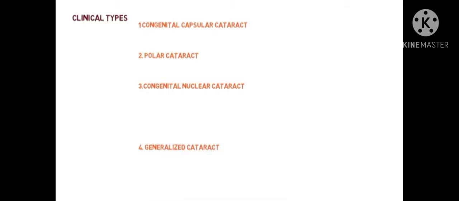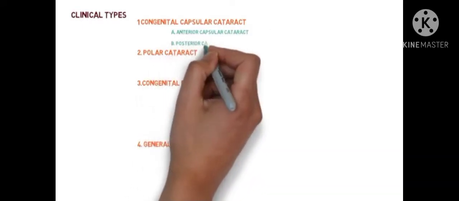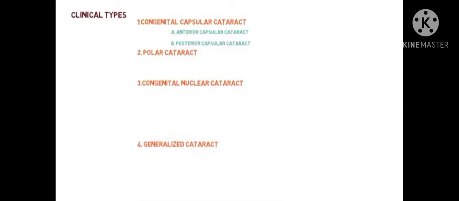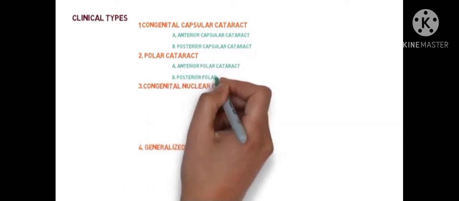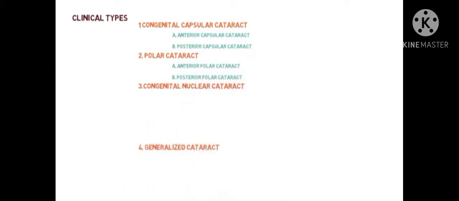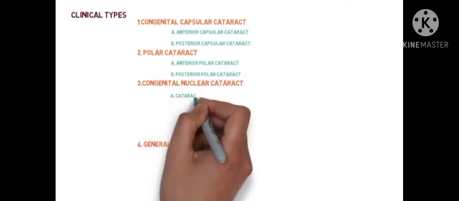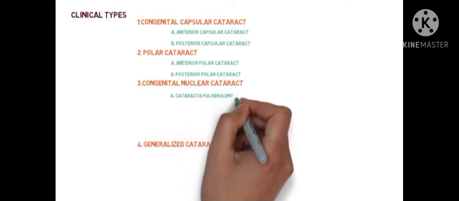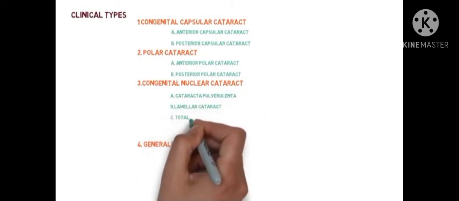In congenital capsular cataract, there can be anterior capsular cataract or posterior capsular cataract. In polar cataract, similarly there are two poles, so there may be anterior polar cataract or posterior polar cataract. And in congenital nuclear cataract, there may be cataracta pulverulenta, lamellar cataract, total congenital cataract, or sutural and axial cataract.